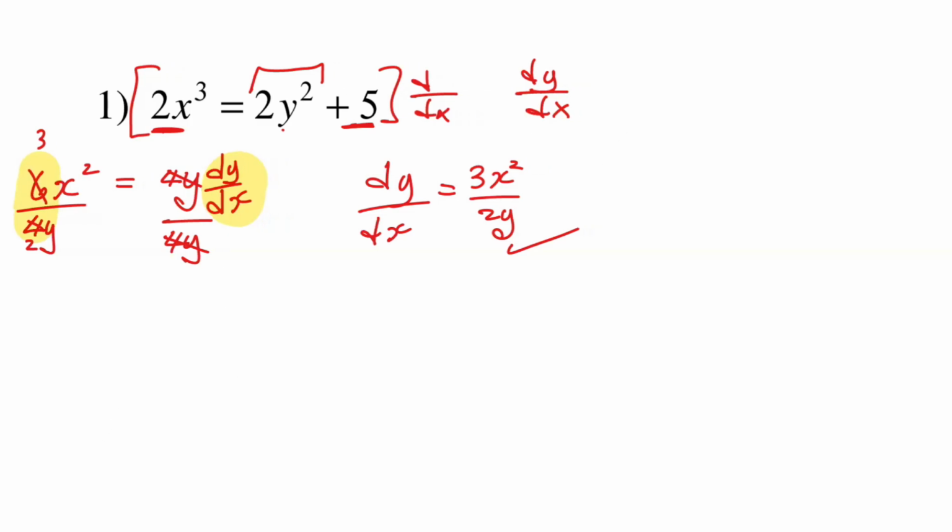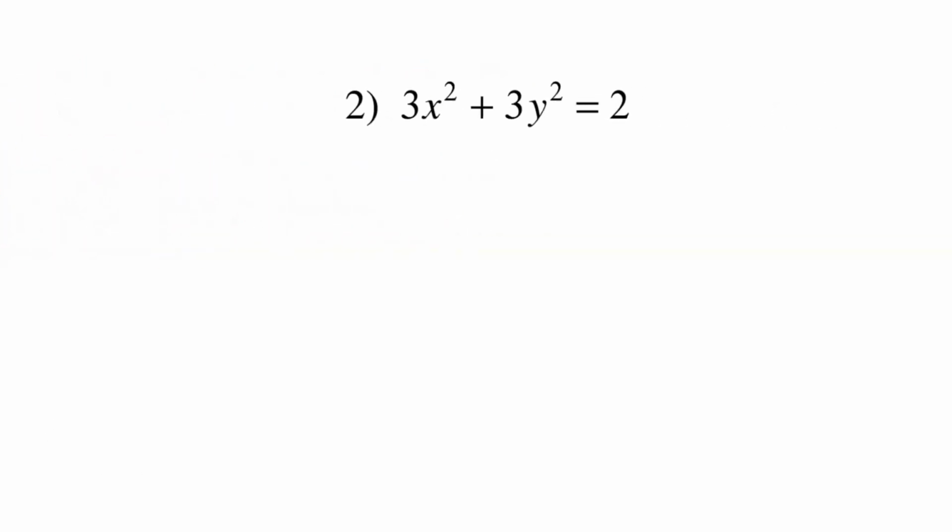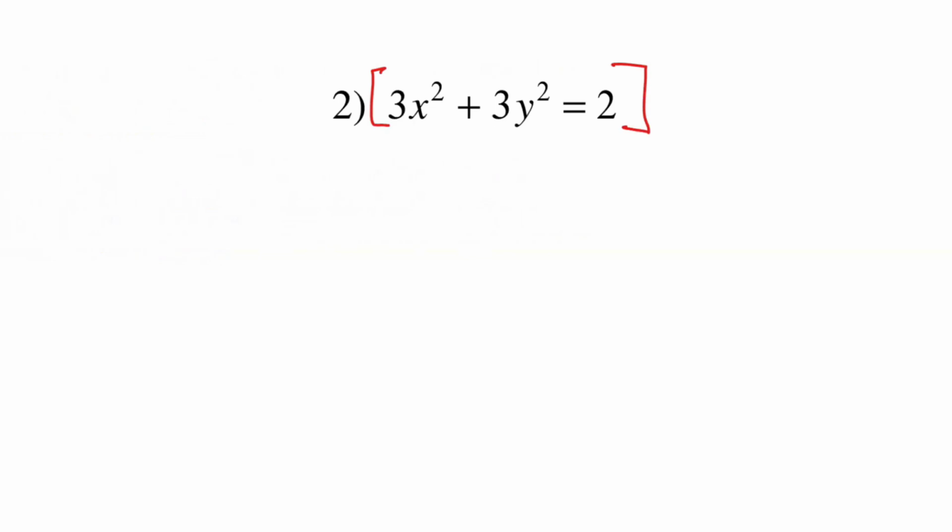Let us take a look at the second example. All right, so in example 2, we're doing the same thing. We're going to differentiate everything with respect to x, so we're trying to find dy/dx at the end of the day. So let us get into it. For this part, we have 3 times 2, and this is going to be 6x raised to the first power.